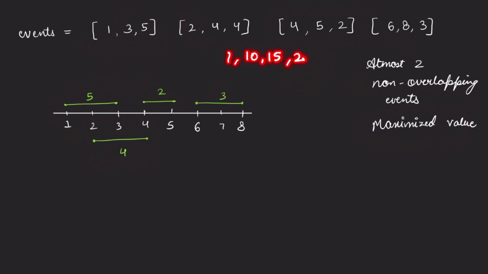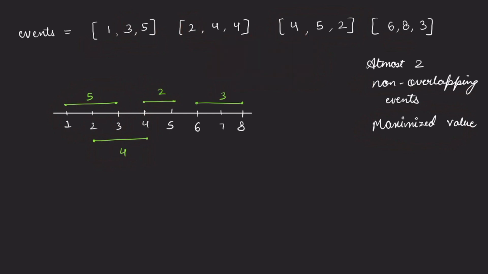If I am not comparing an event with all other events in the array, then for this 10, beforehand we have only 1, while 2 is present afterwards. So before I consider the event starting at 10, I should have considered the events starting at 1 and 2, basically all the events that started before 10.